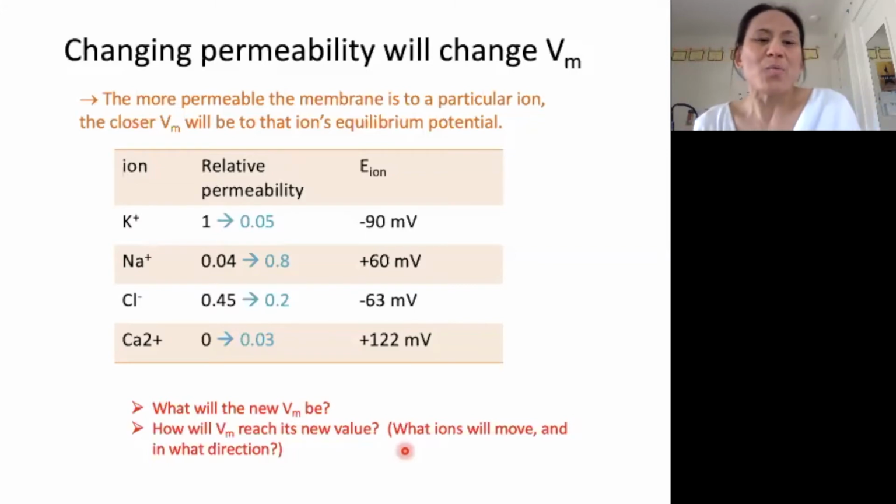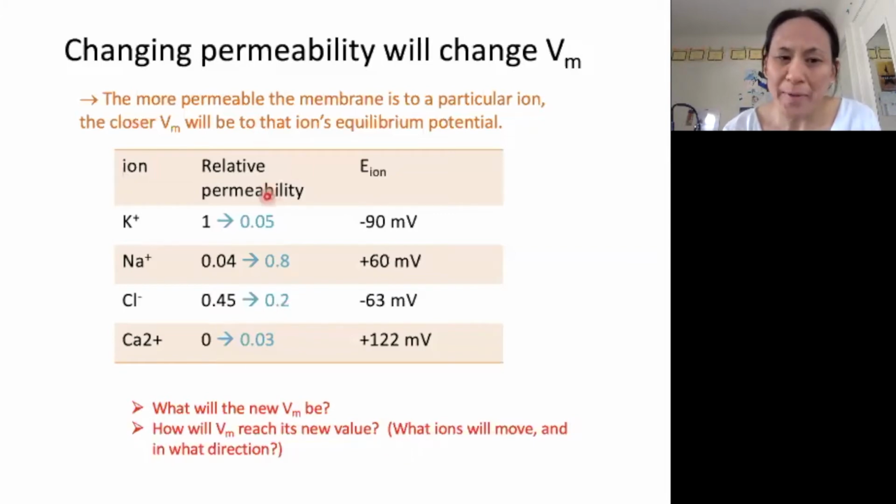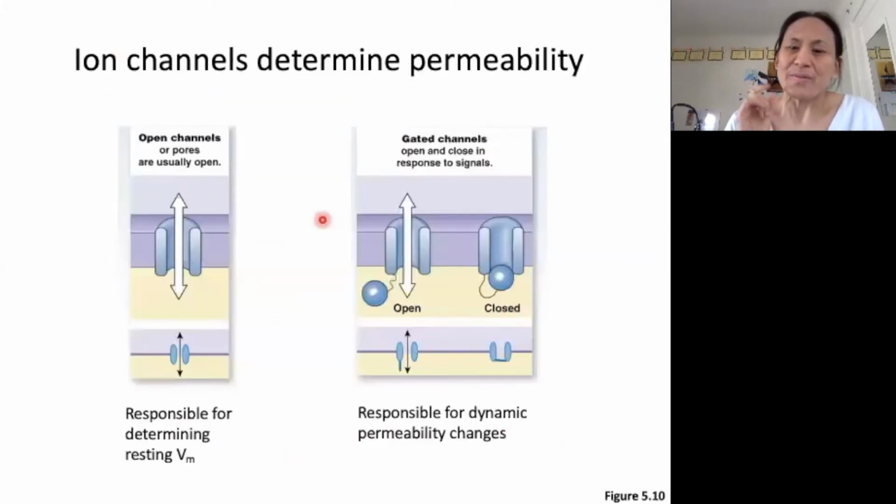Okay, so we'll go over the exact answer to that question in class, but the main point here is that we've changed permeabilities. That's going to change which ions can and can't cross the membrane, and as a result, the membrane potential is going to change. So this is something that actually happens in neurons and other excitable cell types.